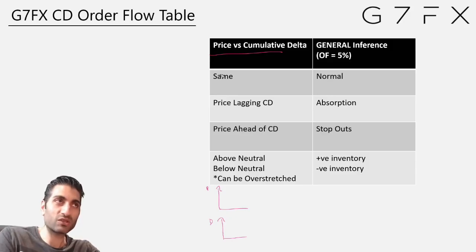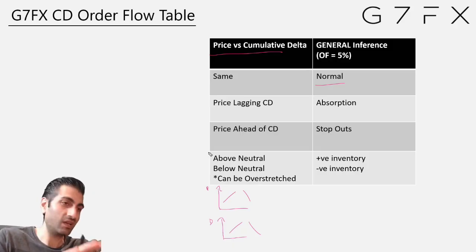When price and cumulative delta are moving the same, so price goes up, delta goes up, price goes down, delta goes down, what is that? It's just normal, right? What can we infer from that? Everything's normal. Market orders are aggressive in one direction, price is aggressive in one direction. Nothing for us to worry about if we're long and the market is moving up and delta is also moving up. It's what you expect 90% of the time.